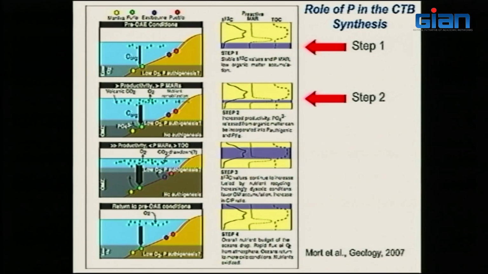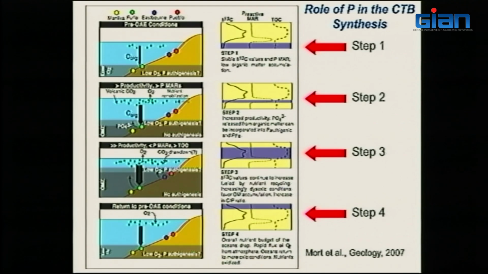And this phosphorus will be generally released in the next steps, because more or less you cannot really fix the phosphorus under anoxic condition. So the phosphorus will be recycled into the water column and maintain high productivity for a while. And at the end, you go back to normal condition due to the fact that the overall nutrient budget of the ocean is dropping, because you move from humid to more arid condition, and the ocean returns to more oxic condition and less detrital fluxes.